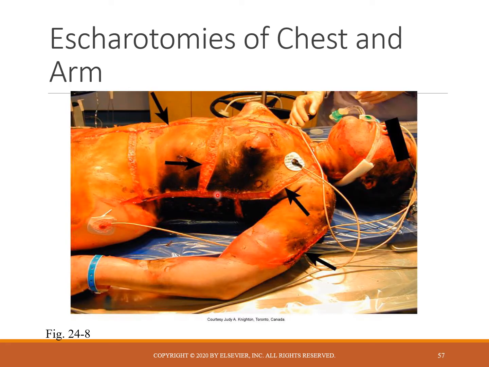Okay, so this is an example of escharotomy of chest and arm. So look at that. And you might be wondering, what is escharotomy? So when you say escharotomy, it's a surgical division of non-viable eschar, the tough, inelastic mass of burnt tissue that results from full thickness, circumferential and near circumferential skin burns.